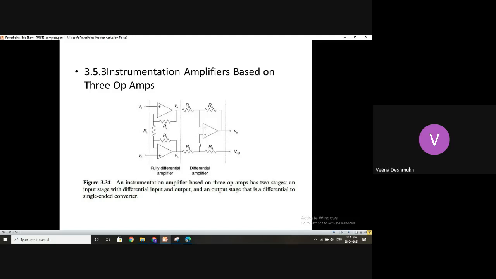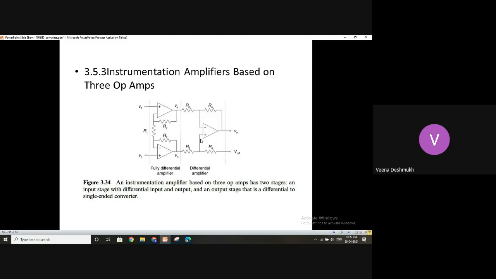So VA minus VB will be the input available here, and R4 is the gain of this, and this reference voltage is also connected through R4. So what is received by this non-inverting terminal here is V reference or VB.